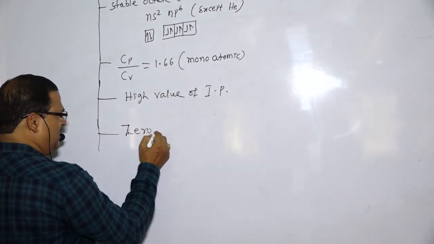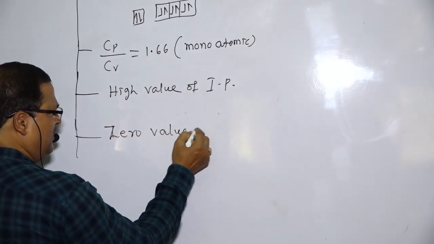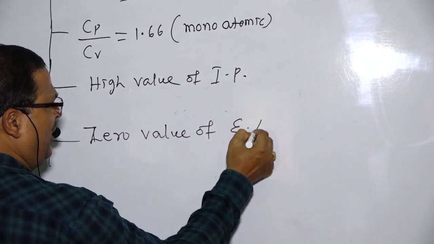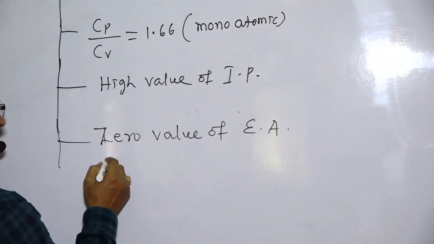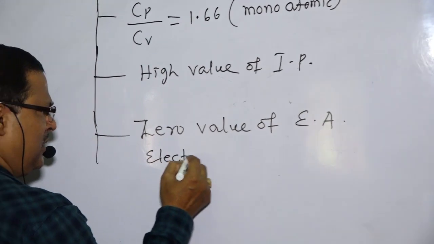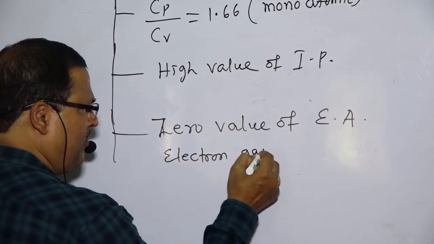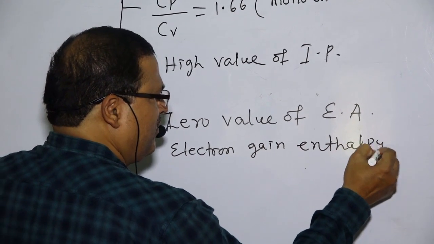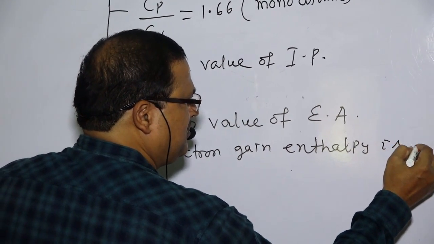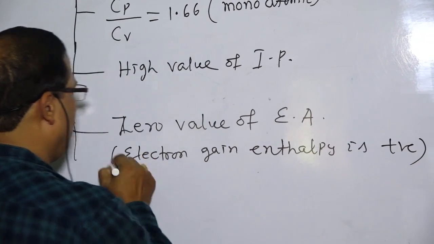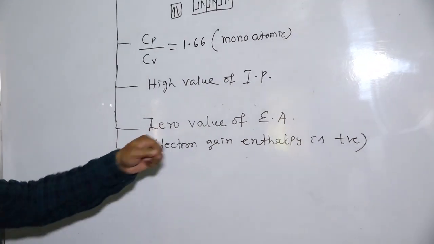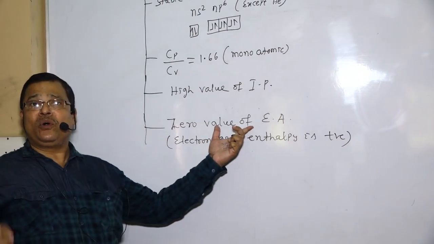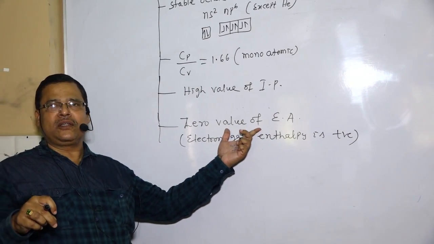And next one, zero value of electron affinity, or electron gain enthalpy is positive, highly positive. So they have zero electron affinity, meaning they have no ability to gain electrons.